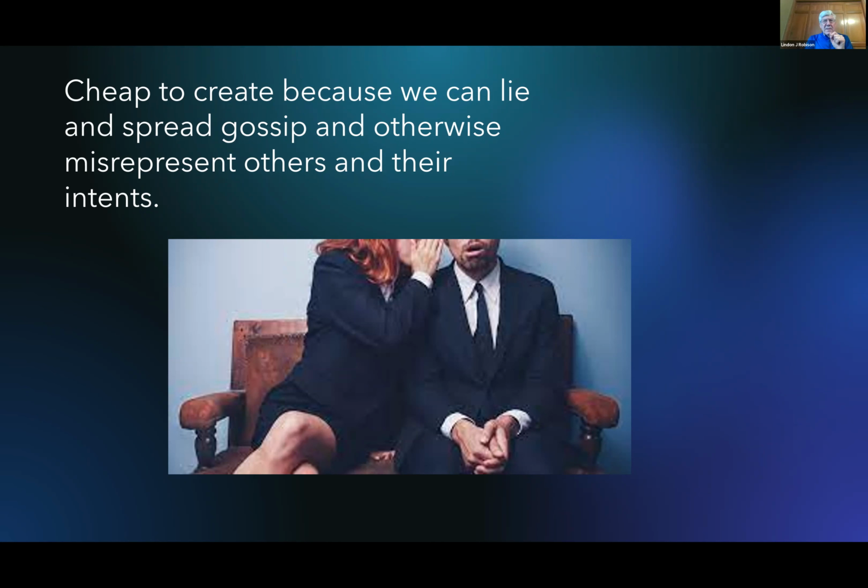The other reason they're cheap is because we can create them so inexpensively. In this case, telling mistruths, misrepresenting, or even being led by our own biases can often create an object very inexpensively. So simply put, if they're not abundant already, we can surely create them very inexpensively.